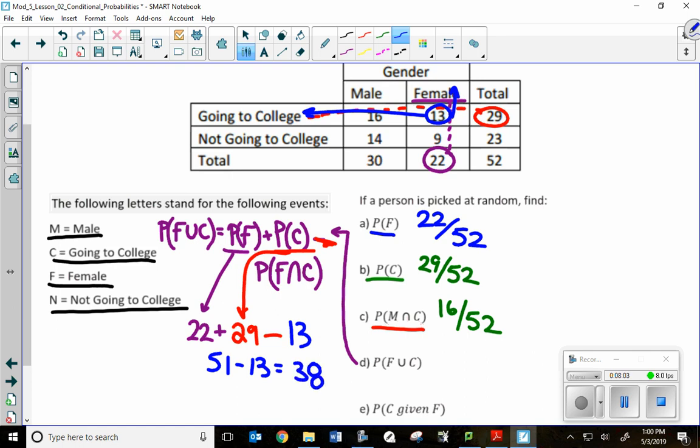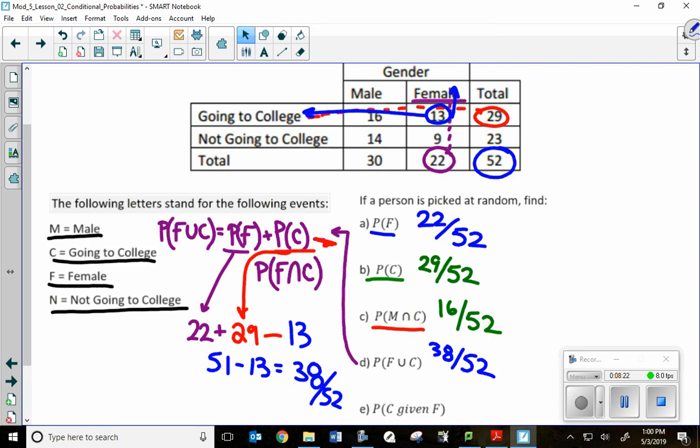We don't want the number, we want the probability. 38 out of my total 52 are either female or going to college. All right? Not too shabby. That is a review. I'm going to erase this work. No, let me highlight this first.